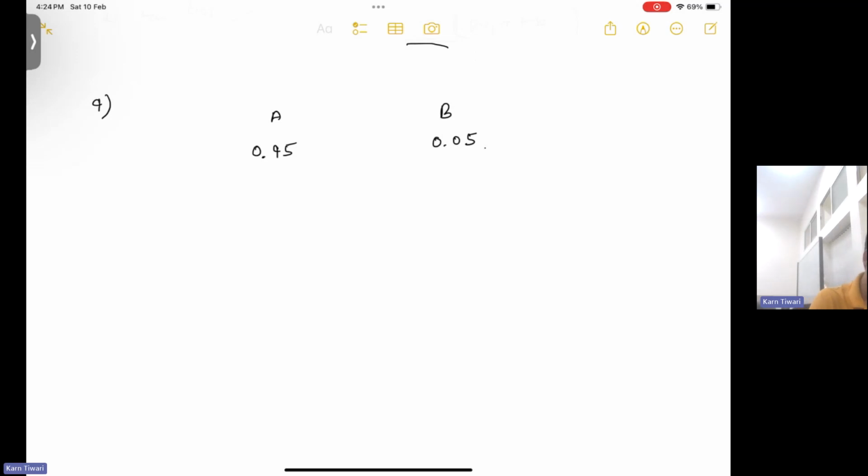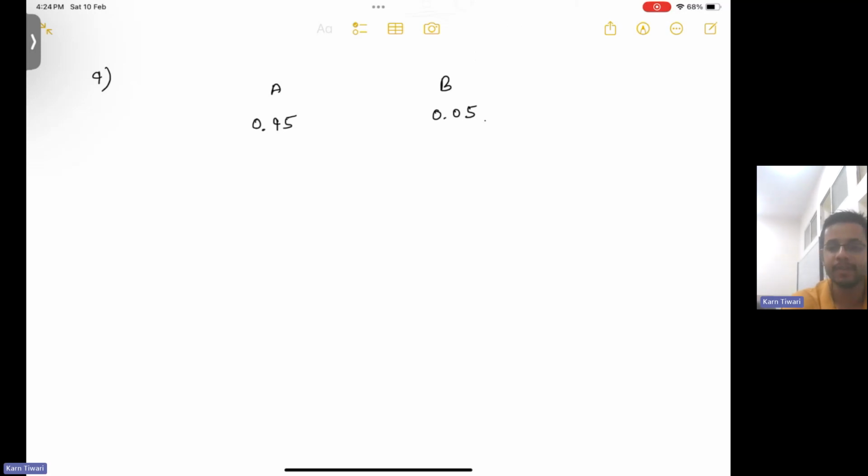So the thing is, information can be interpreted as the entropy, the randomness. In the first case, we have 0.95. Suppose we calculate the entropy for each individual term.